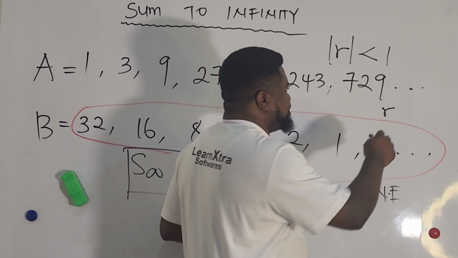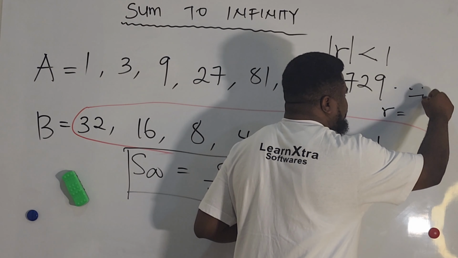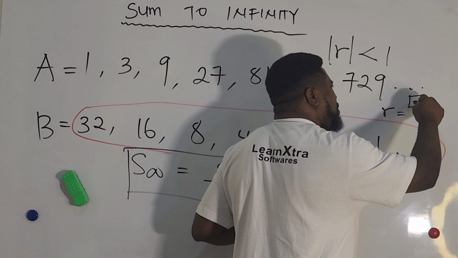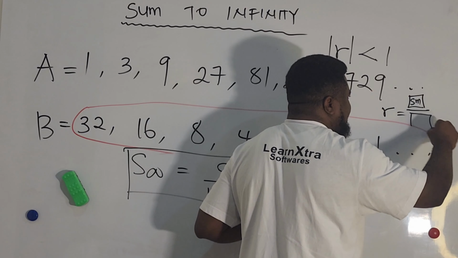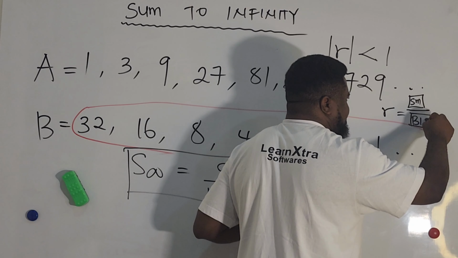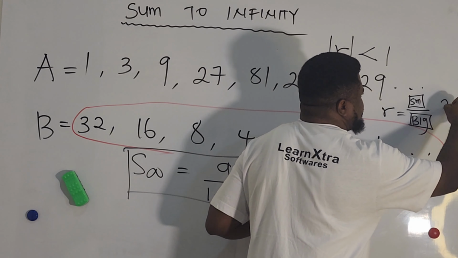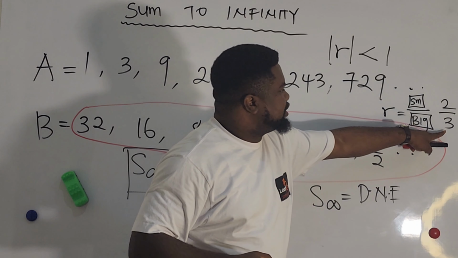A fraction whereby the one on top is small, and the one down here is big. For instance, 2/3. 2 is small, 3 is big.